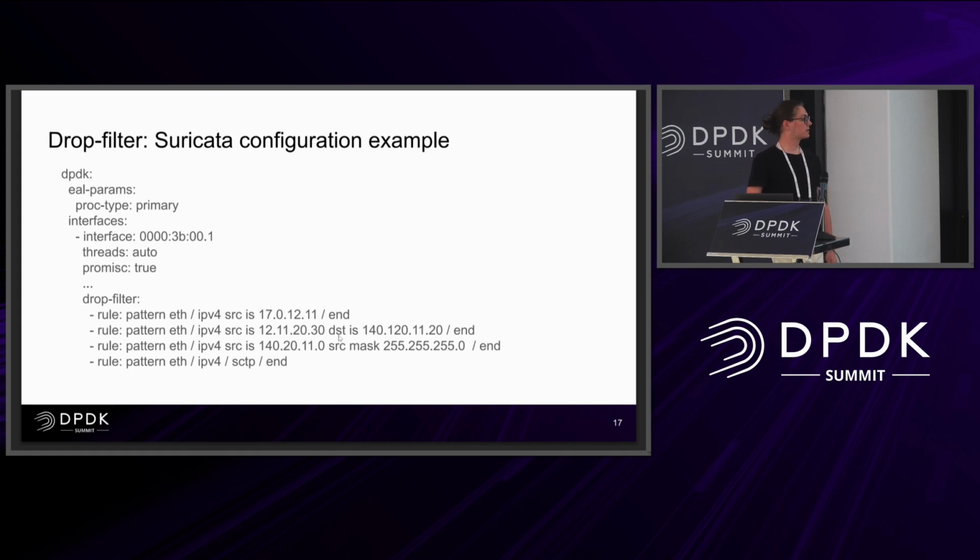One for matching this specific source IP address, or flow with this specific IPv4 address. A rule with one specific source and destination. There is a range of IP addresses here, and just all the flows that match these protocols.